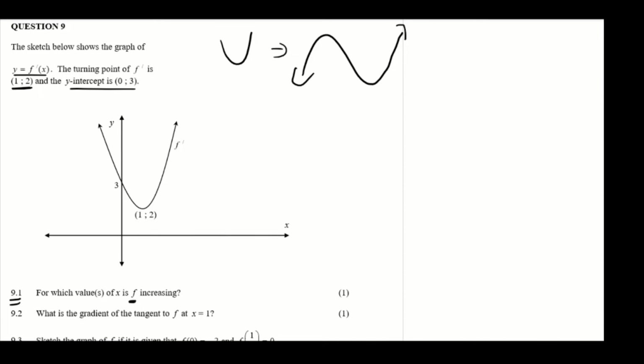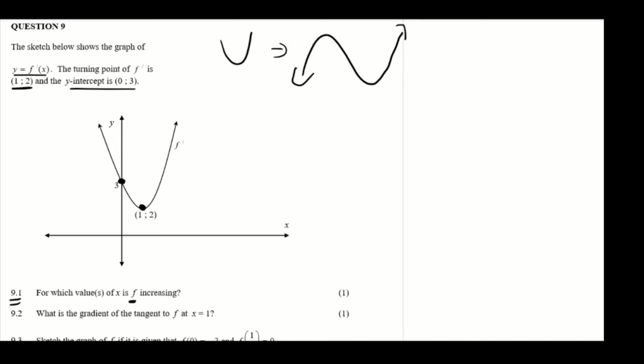We have the turning point of this function here at (1, 2), and we also have the intercept. The intercept of our parabola is actually the turning point of our cubic function, but I'm only talking of the x value of this graph, not necessarily the y value.